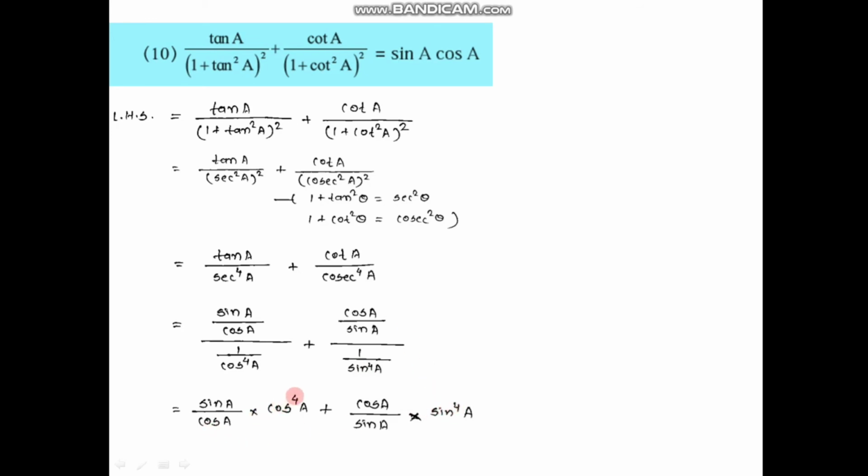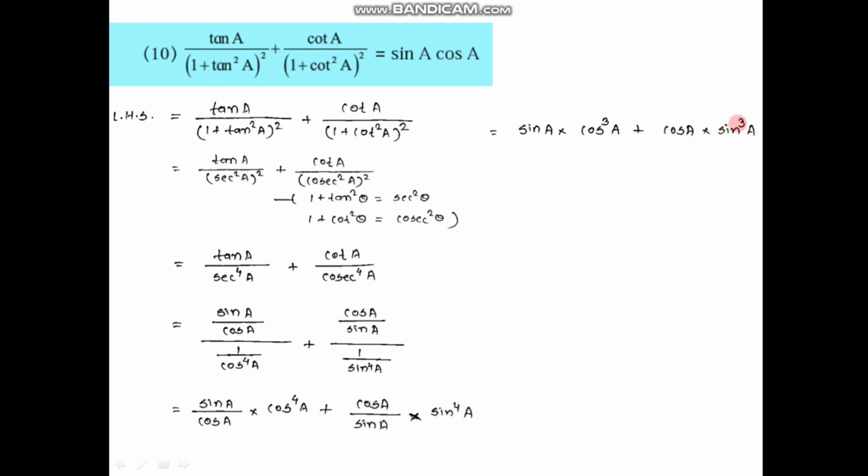Now in the first term, out of cos raised to 4a, 1 cos and the cos a in the denominator will get cancelled to give sin a into cos cube a, plus in the second term also, out of sin raised to 4a, 1 sin will be eliminated by the denominator to give cos a into sin cube a.